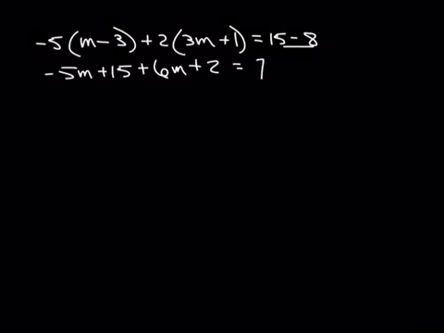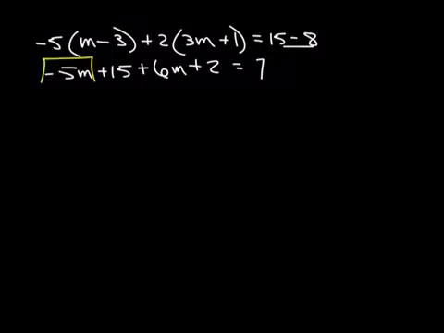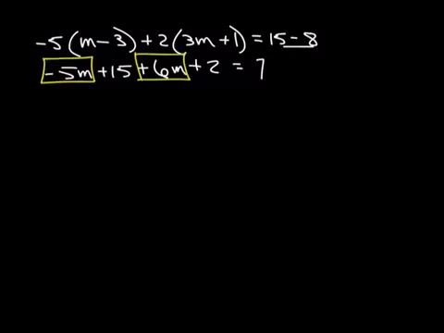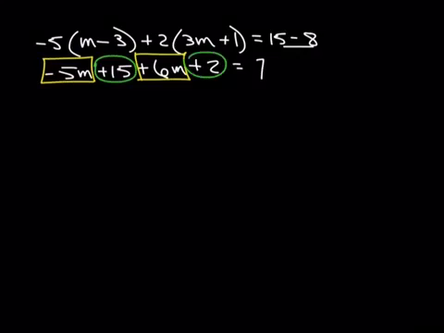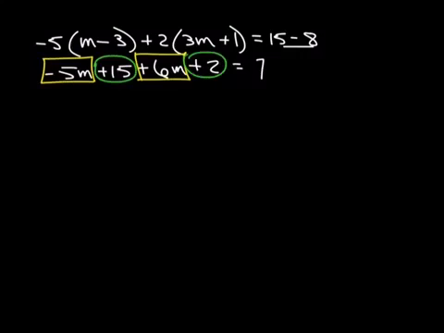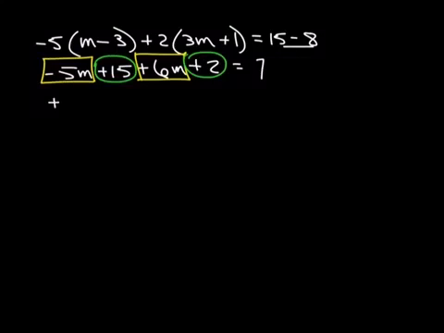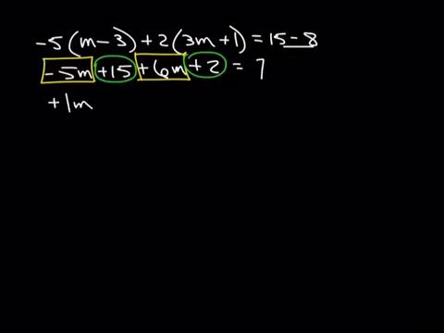Now I'm going to see if I can combine anything here on the left side. Do I have any like terms? I do. Those are like terms, and plus 15 and plus 2, those don't have any letters, so those are like terms. So negative 5m plus 6m. Largest number is positive. They're different signs, so difference between the two. And 15 plus 2 is 17.